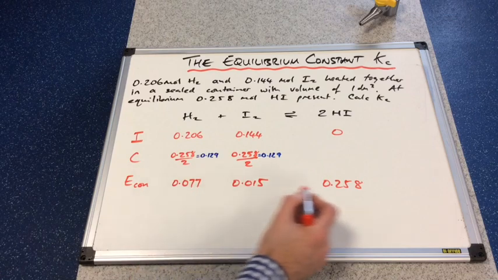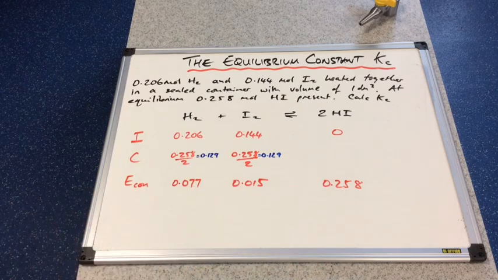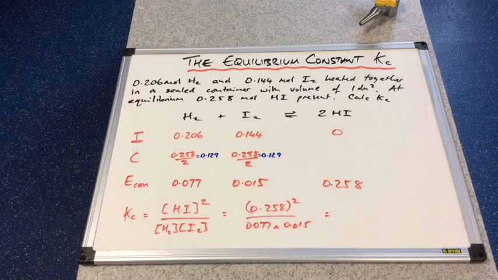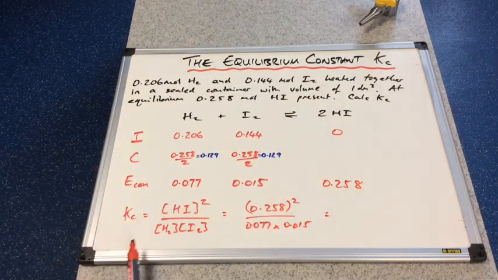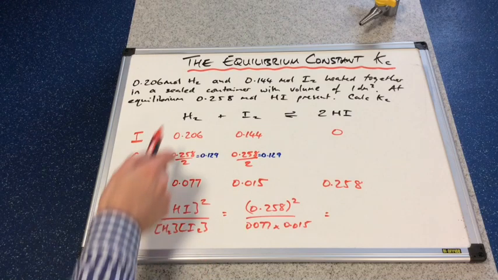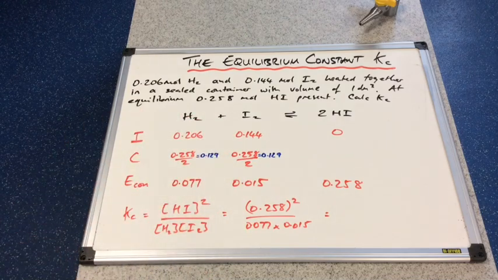So we need to plug these values into the Kc expression. So there's the expression for Kc, equilibrium concentration of products, raised to the power 2 now, because we've got this balancing number here, divided by the equilibrium concentrations of the reactants, both to the power 1, because there's no number required to balance it.